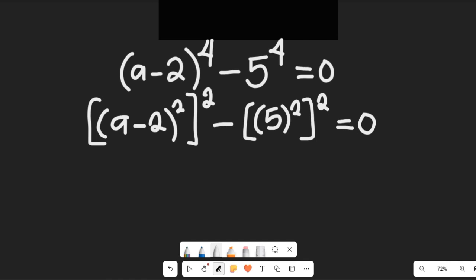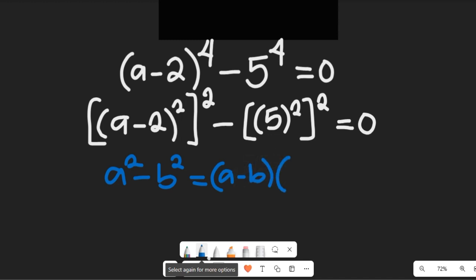From that algebraic expression, you can recall that if you have a square minus b square, this is going to give us a minus b, and then a plus b, right? Good. Now from this expression, you can see that my a is simply this and my b is simply this, to the square.